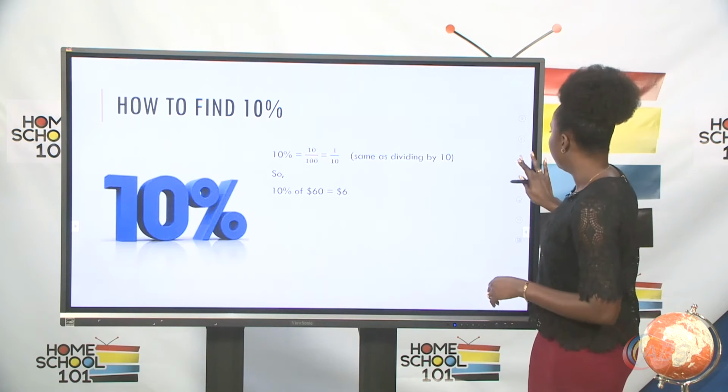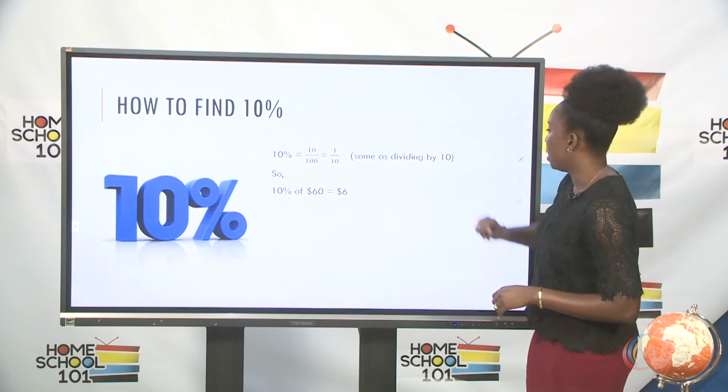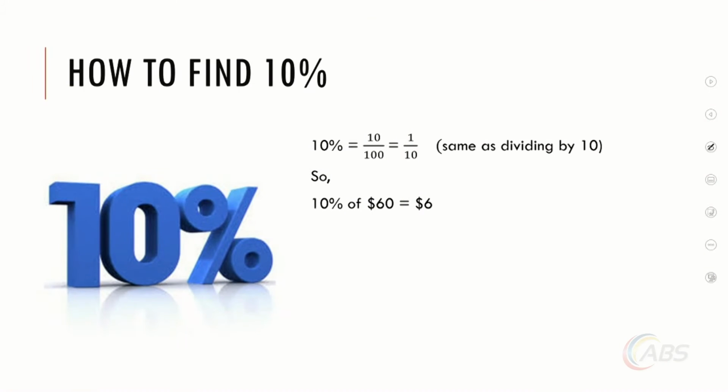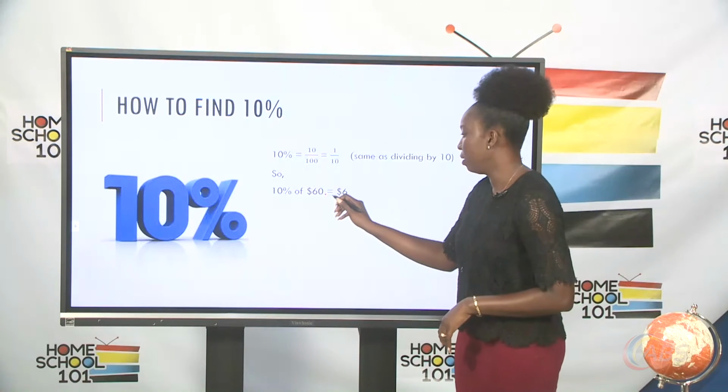Okay, so here's our first one, and the answer is already there, but we're going to work out how we would have gotten $6. So remember, in the last episode, we mentioned that the point on any whole number is at the end of that number. And when we divide by 10, we move to the left 1 place.